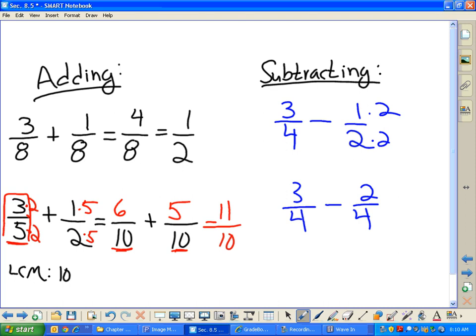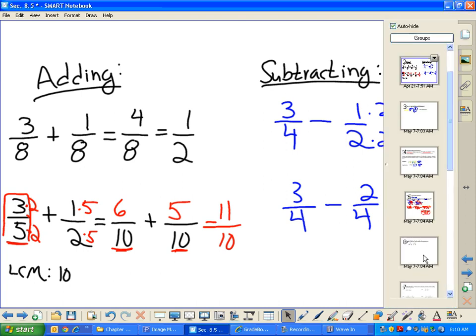The last step, how this is different than adding, is you just subtract straight across the top. So you end up doing 3 minus 2, which is 1. And then the denominator still comes along for the ride. That's 4. So 1/4 is your answer there. Okay. So that was subtracting with fractions. It wasn't different than addition until the very end. Well, same thing with subtracting rational expressions.